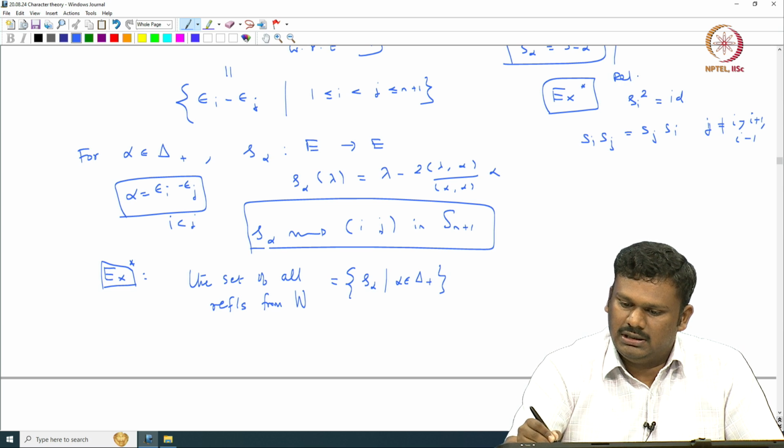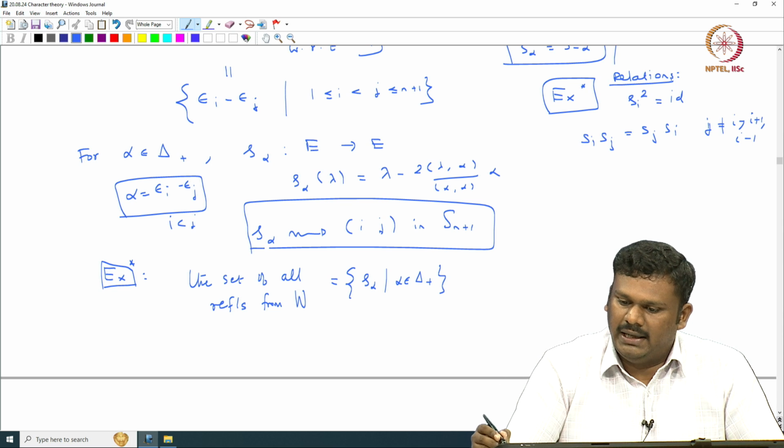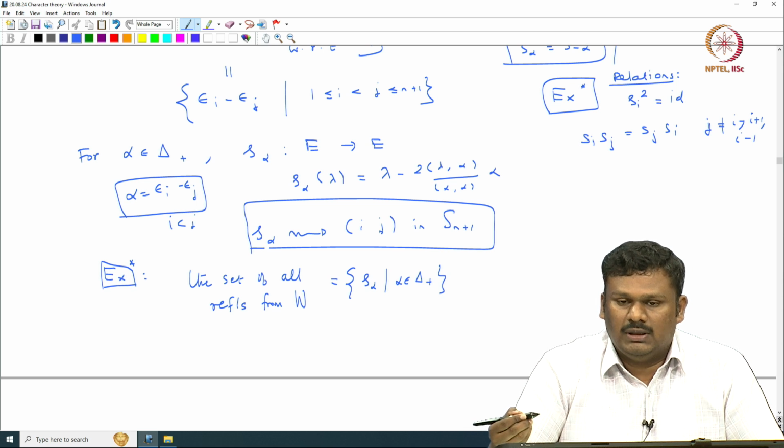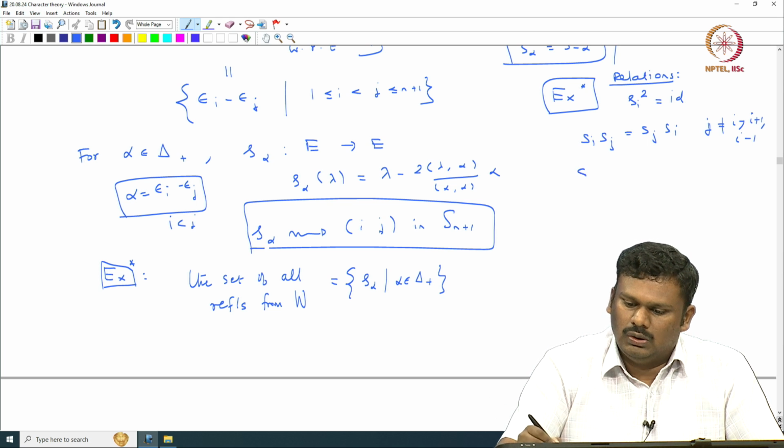These are all the relations: s_i squared being identity, s_i s_j commutes, and we have this braid relation, which comes from the order of s_i s_(i+1). Because that is going to be a cycle of length 3, the order of that will be 3. So, (s_i s_(i+1)) to the power 3 must be identity.